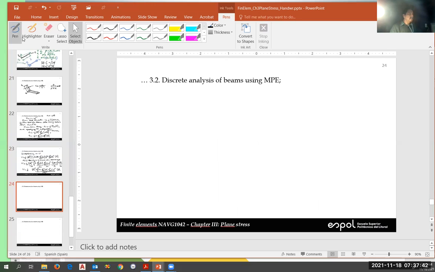So we can say from chapter 2, the N vector is going to be 1 over L cubed times: 2x cubed minus 3Lx squared plus L cubed.